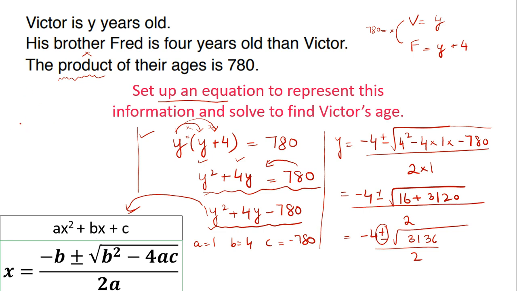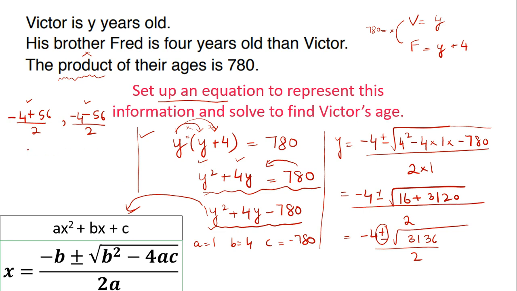So the square root of 3136 gives me 56, so I'm going to write negative 4 plus 56 over 2, and the other one is going to be negative 4 minus 56, because as I said there's a plus and a minus, so once I took plus, the other one I'm going to take minus 56, over 2. And now I have negative 4 plus 56, which gives me 52.